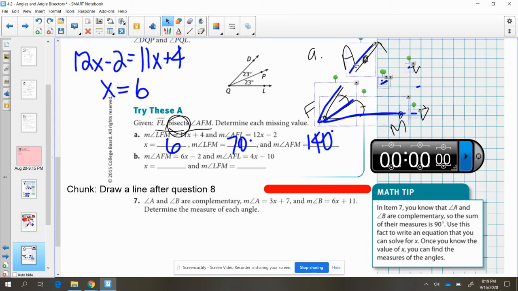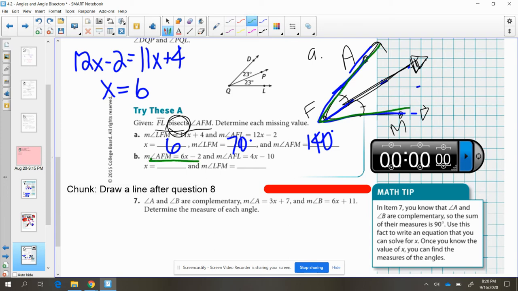Notice that in this particular problem, next, we're using the same picture and the same given information, but this time they are telling us that AFM, the entire angle, is 6x minus 2, and then they give us that AFL, this little guy here, is going to be 4x minus 10.